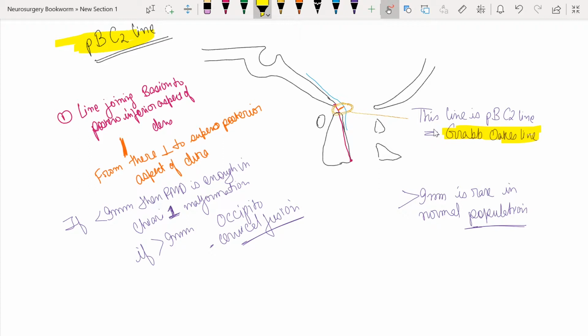For drawing this line, we need to understand what exactly this line is. It is a line which tells us about retroflexion of the odontoid. So how do we draw this line?